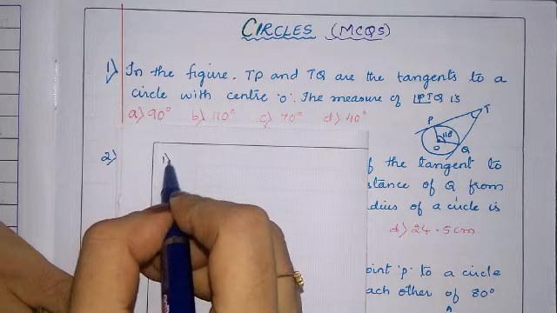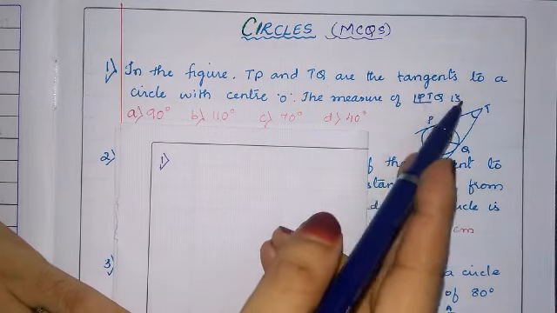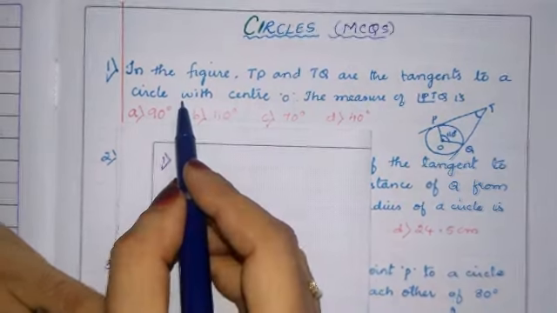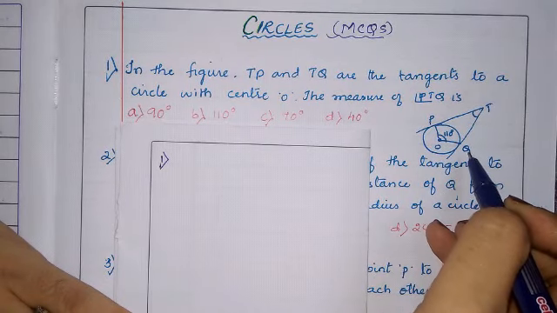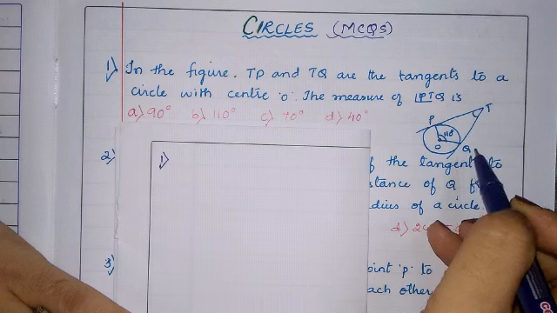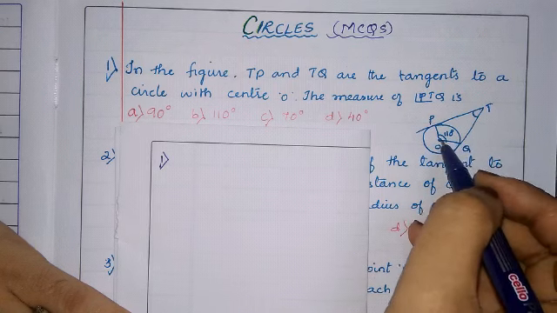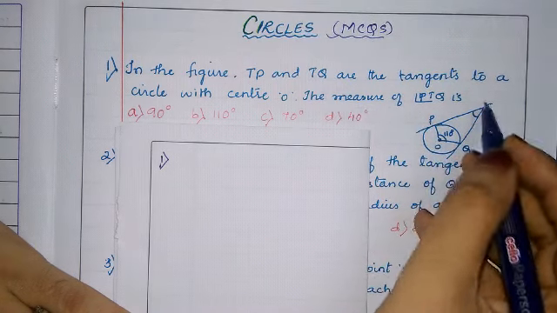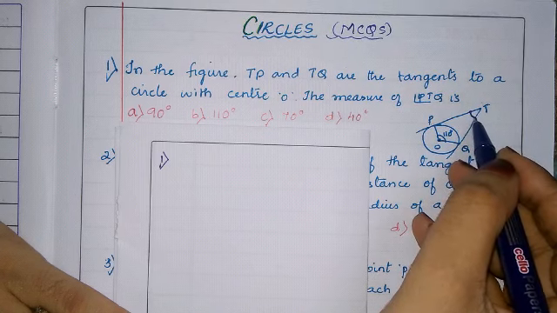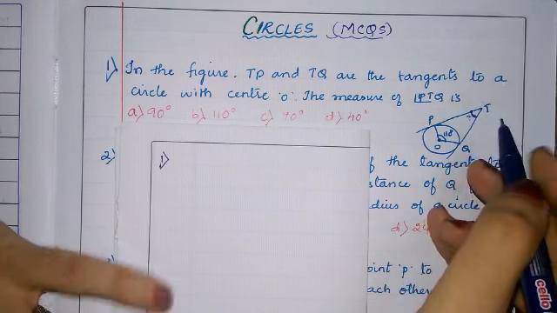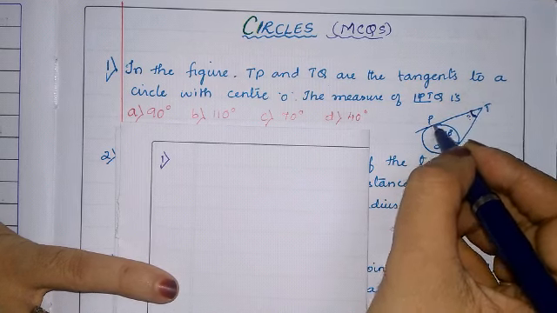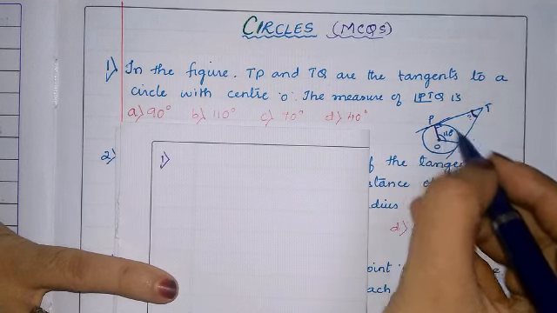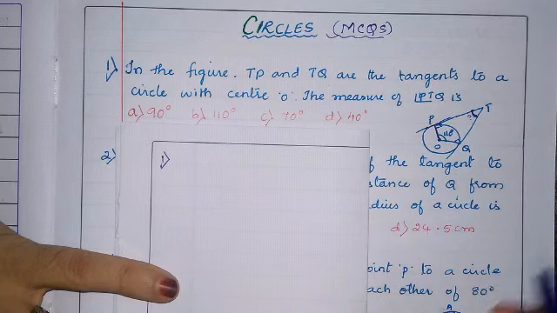Okay, first one here. In the figure, TP and TQ are the tangents to a circle with center O. The measure of angle PTQ we need to find, and we know that the angle between the radius and tangent is always 90 degrees.